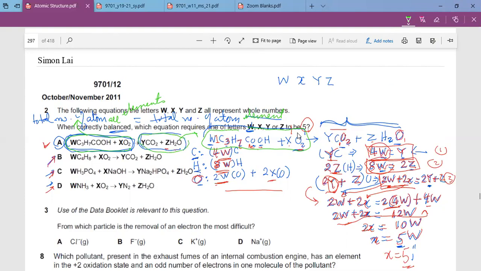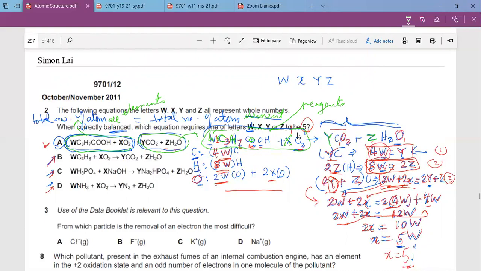So here W moles combined with X moles give Y moles and Z moles. For the first one, there are 3 types of elements here: carbon, hydrogen, and oxygen. On the left-hand side, which is the reagents, how many carbons are there?